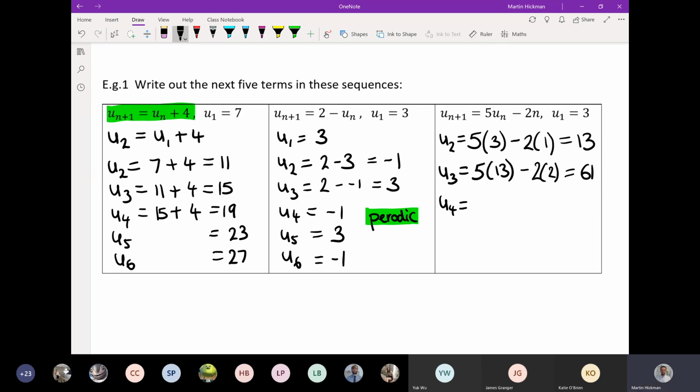Then to get the next term, I'll do 5 times u3 minus 2 times 3. So this would just give me 299. And then for the fifth term, I'm going to do 5 times 299, 5 times the previous term, minus 2 times 4.